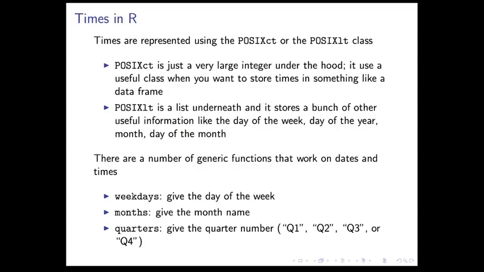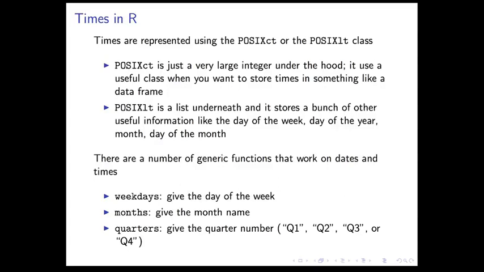There are a number of generic functions that operate on both dates and times that you can use, such as the weekdays function, which tells you what day of the week a given time or a given day is. The months function tells you what month that date or time is, and the quarters function gives you the quarter number. So, for example, Q1 would be January through March, Q2 would be April through June, etcetera.